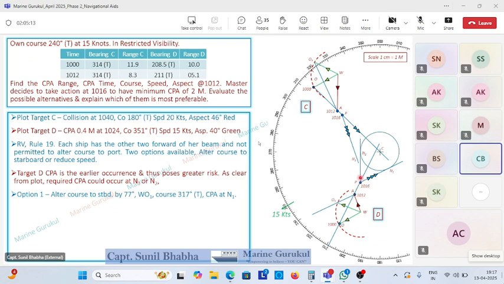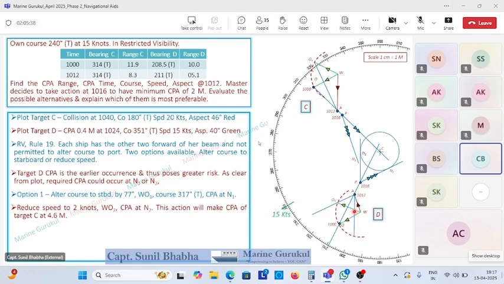I align my parallel ruler to Papa November 2, take it to point alpha and draw a parallel line. You can see this parallel line coming up here. This is for target Delta. So this can be the second option for our relative line of approach.